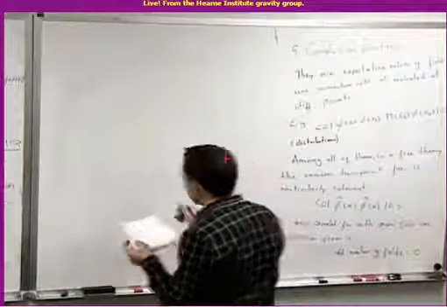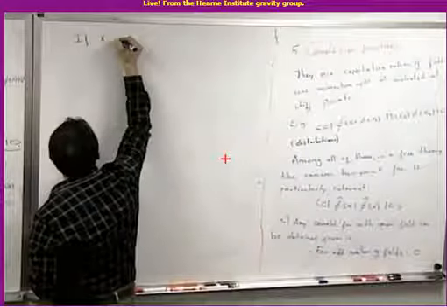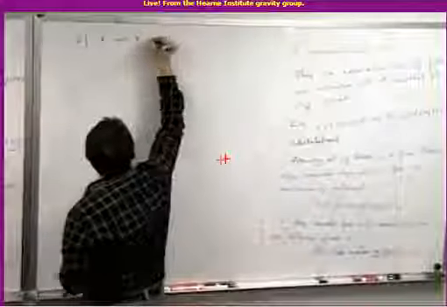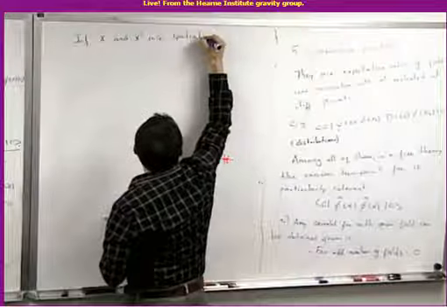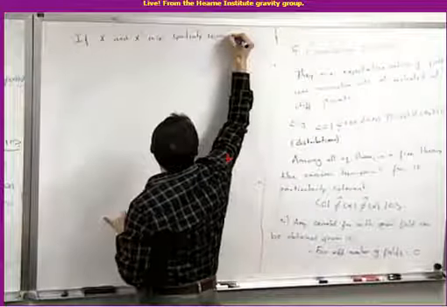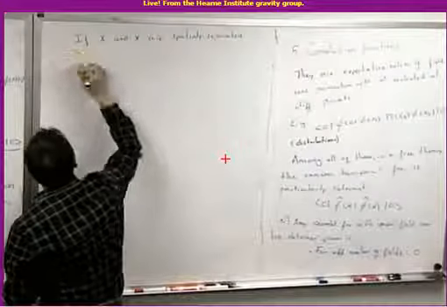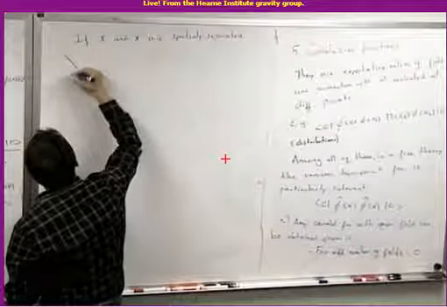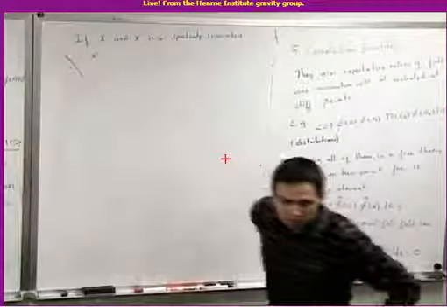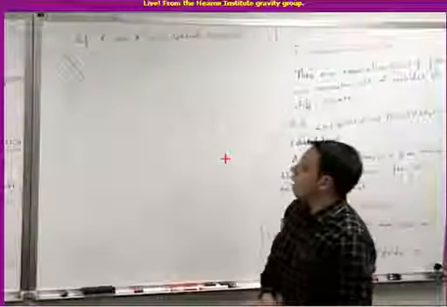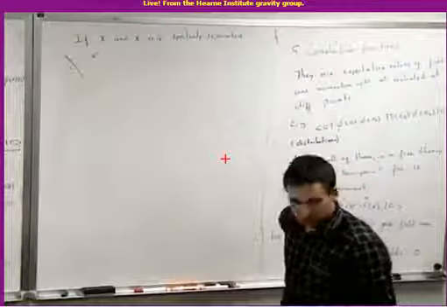So if x and x prime are spatially separated, so if x is here, you take the light cone of x and you consider x prime, which is out of the light cone, we can compute what is the correlation in the vacuum between these 2 points.